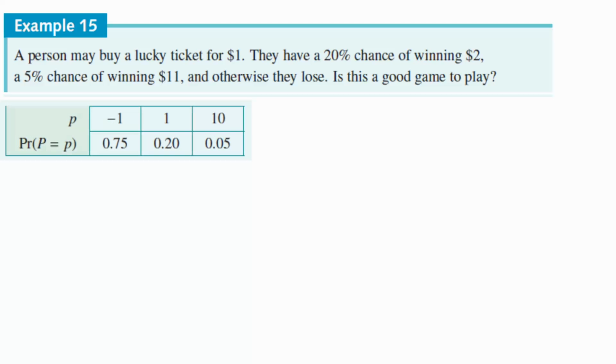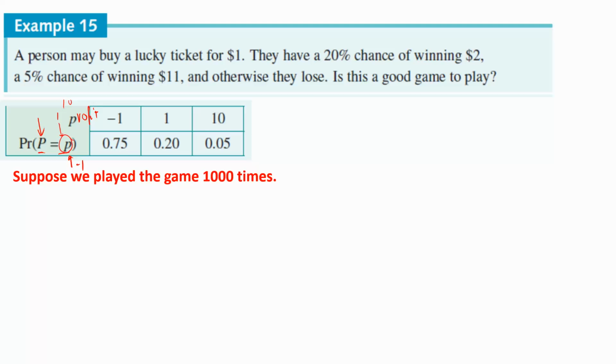Hypothetically, if we were to play 1,000 games, I'll put it all in a table, P for profit. So I'm just going to write here, profit. You either lose $1, and we worked out it was a 75% chance. That's the probability of P. That's the notation for it. It's saying the probability of the profit being losing $1, or gaining $1 or $10.